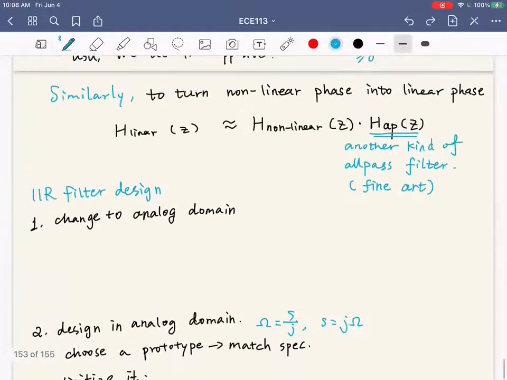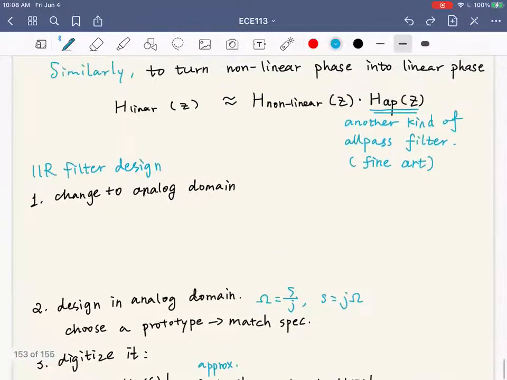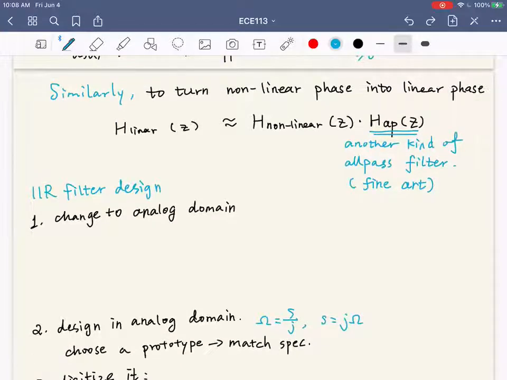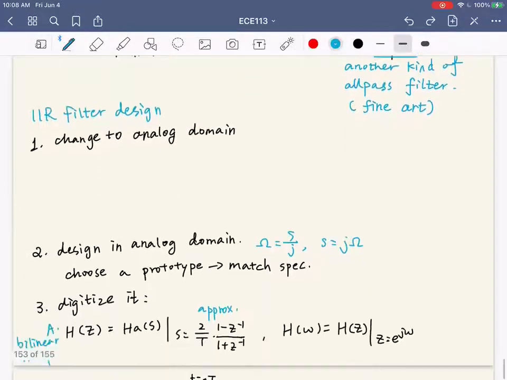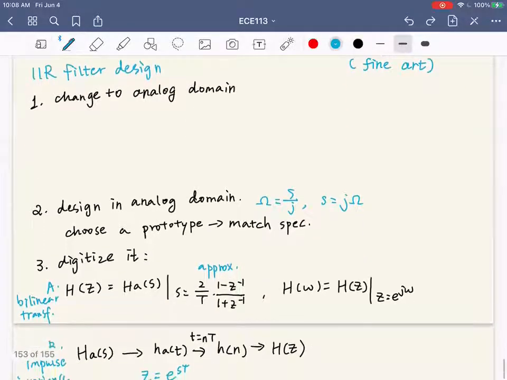Let's finish it quickly. As we said, IIR filter has advantages in its own aspects. So let's talk about how to design IIR filter, and keep in mind the difference between IIR filter design and FIR filter design, and you'll see why people don't give up on IIR filter.